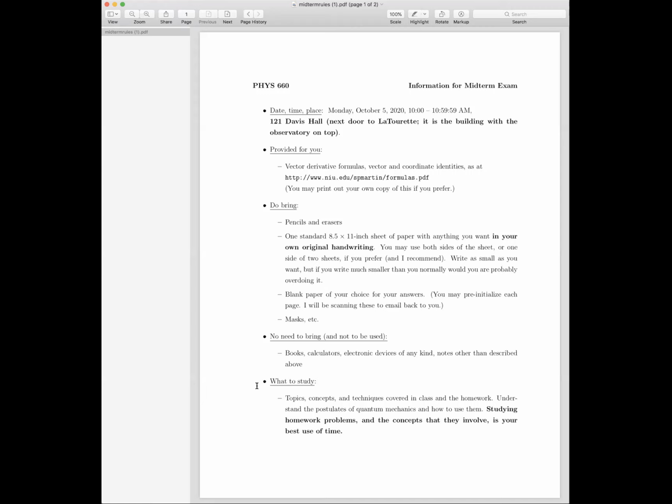I'll give you maybe a list of integrals that might be applicable to the problem. But what you should be able to do is, for example, if I give you a definite integral, recognize how that applies to a problem and manipulate it from the formula that you have into the integral that I give you. Okay, but I will give you any hard integrals that are necessary.